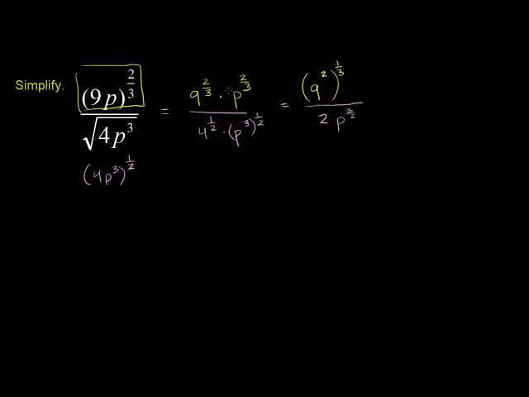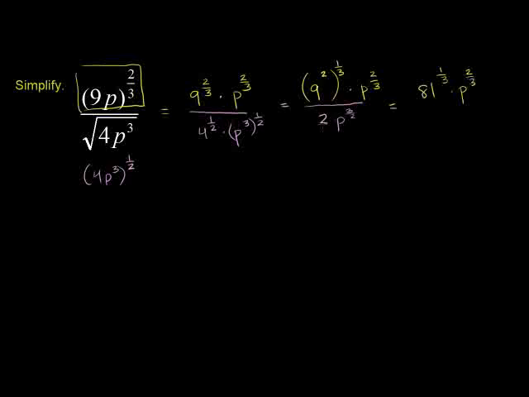Because 2 times 1/3 is 2/3. And then you have that, of course, times p to the 2/3. And this is going to be equal to 9 squared is 81, so it's 81 to the 1/3 power times p to the 2/3.